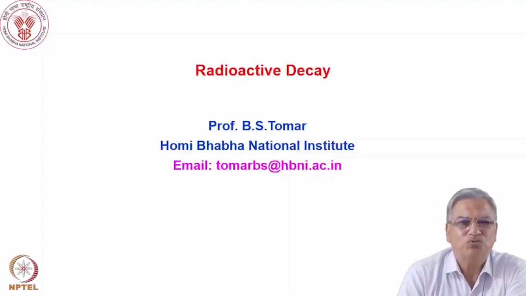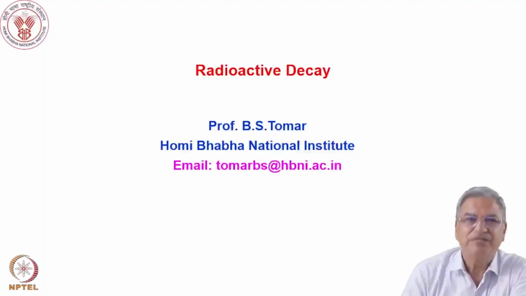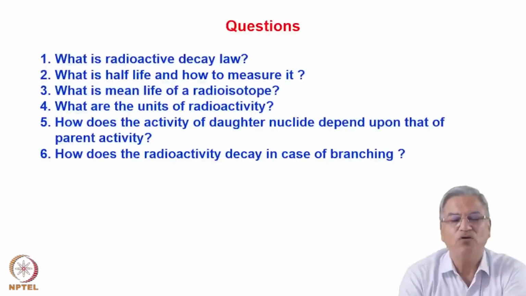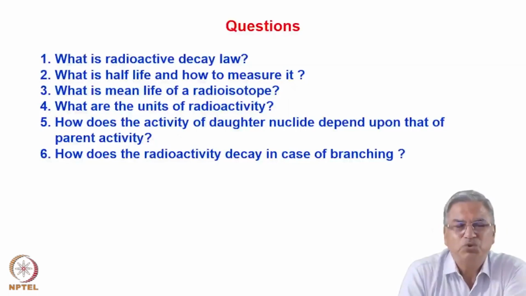Today we will go into the fundamentals of radioactive decay, and as usual I will briefly mention that at the end of this lecture you should be able to answer these questions. For example, what is the radioactive decay law? What is half-life and how to measure it from experimental data?